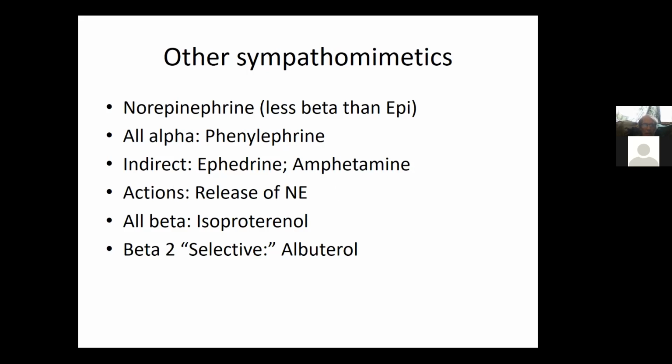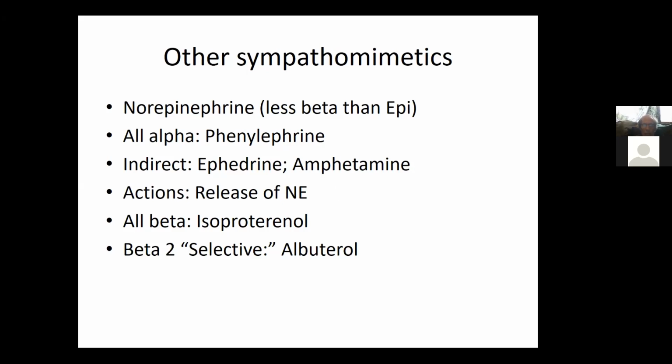So it's very prominently alpha with a sort of weaker subcomponent of beta. Now, agents like phenylephrine, which is a classic pharmacological agent in its own right, are all alpha or almost completely all alpha.